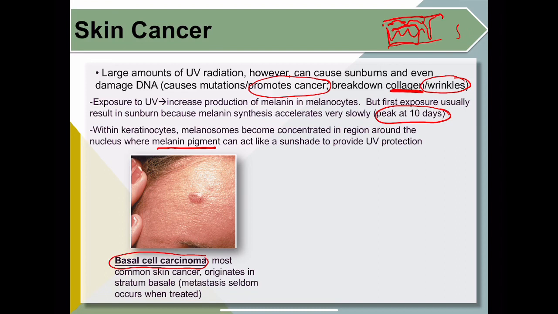So even though they're not dangerous in the beginning and not really infiltrating anything yet, it's good to get rid of them in case they move deeper into the tissue. Not saying that they will for sure, but it's better to just get rid of it.